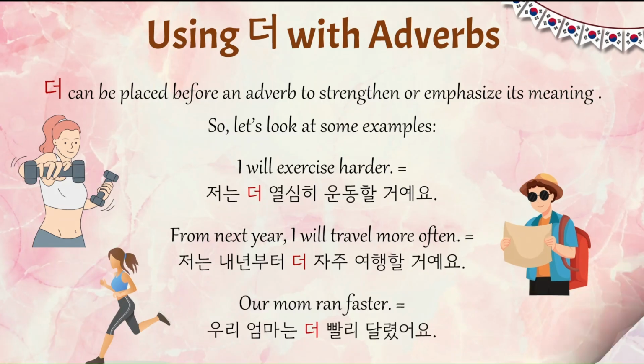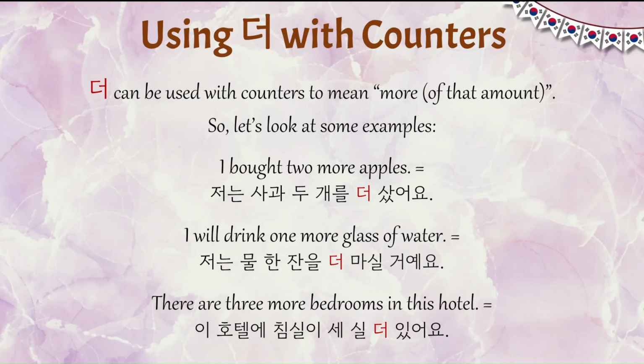Alright. Now comes the usage of 더 with various counters. So 더 can be used with counters to mean more of that amount. The amount that you are counting with the help of counters. Okay? So 더 can be used to say more of a particular amount.